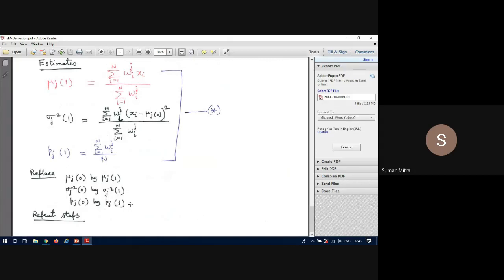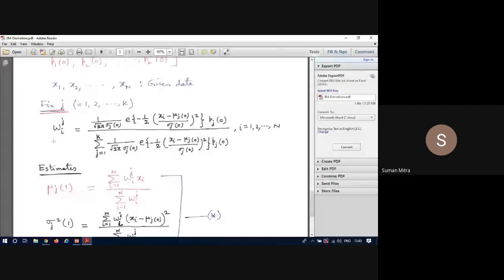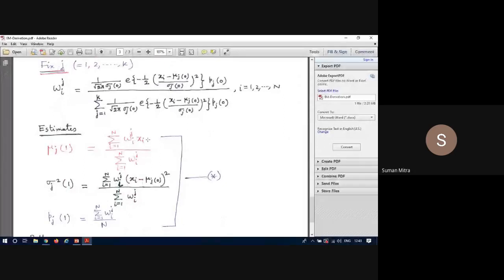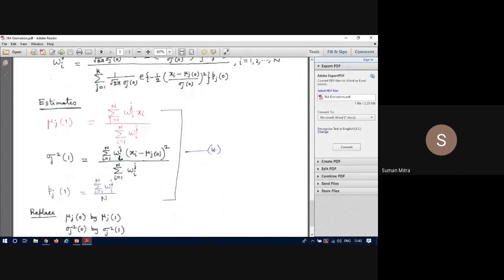I find wj of i, which is this ratio, and then this ratio will be used to find the weighted mean, which is the new mu, and the weighted variance, which is the new variance, and the sum of wj's divided by n gives me the weight of the jth component.